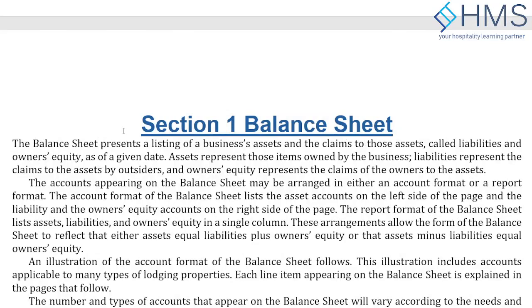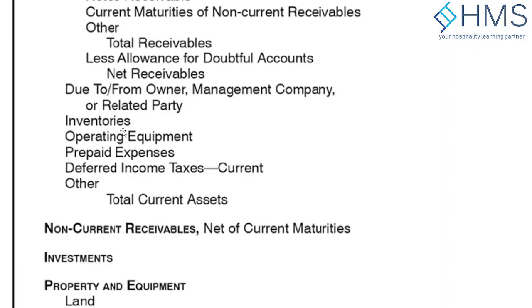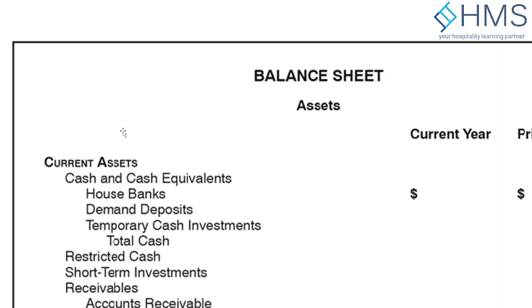And then you have the balance sheet. The balance sheet is a standard balance sheet as in any normal accounting standard. There is no specific requirement for hotels except a few things, for example the in-house floats.